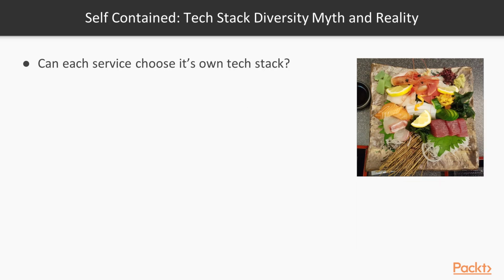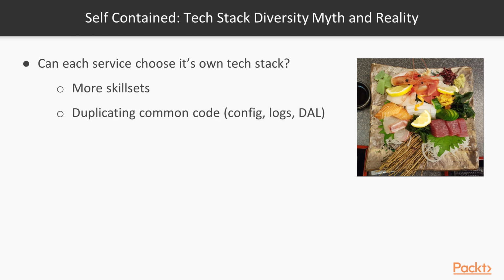Another emergent property is that since each service communicates over standard protocols, it is free to choose its own implementation and tech stack. This can get messy since more technologies mean more knowledge, more implementations of common infrastructure like clients, reading configuration, and data access facilitation code.